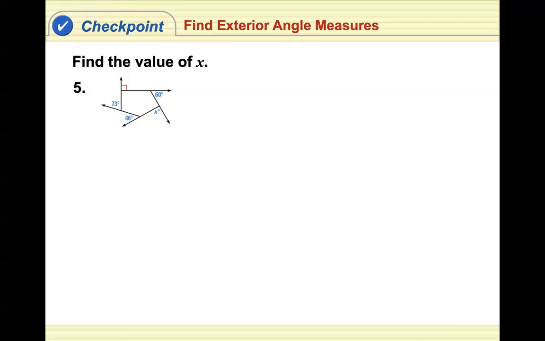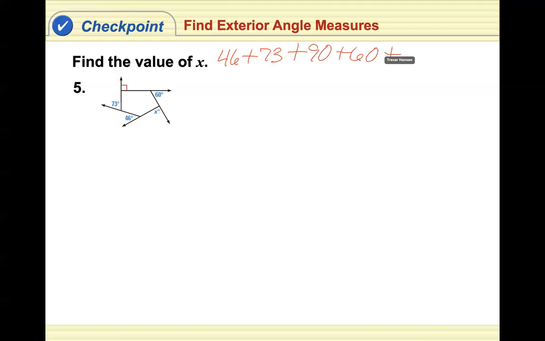All right, let's take a look at these. First one, we need to add those angles together and set them equal to 360. So we have a 46-degree angle. We have a 73. We have a 90. We have a 60.